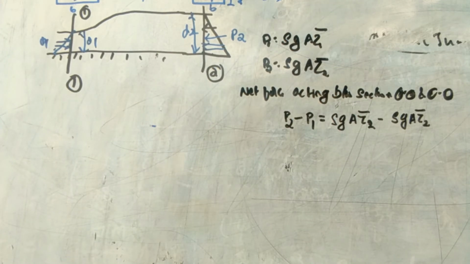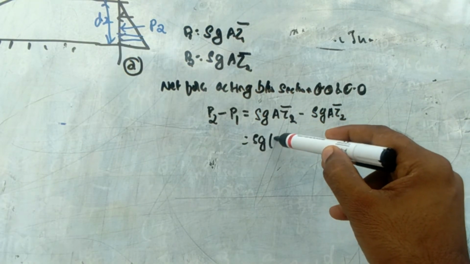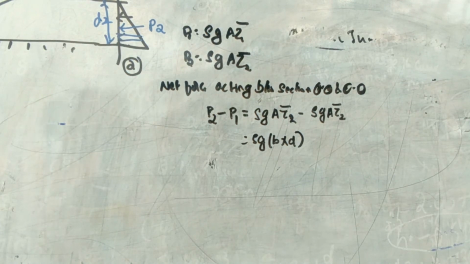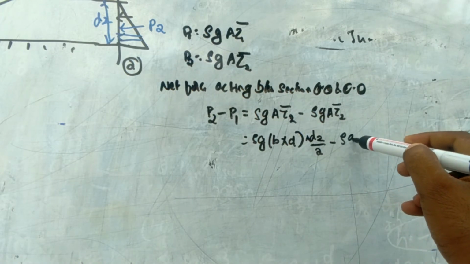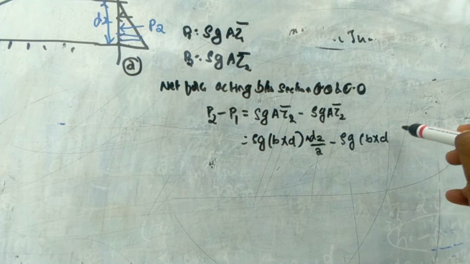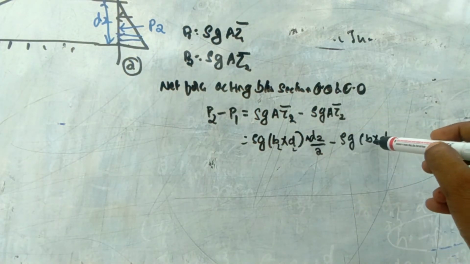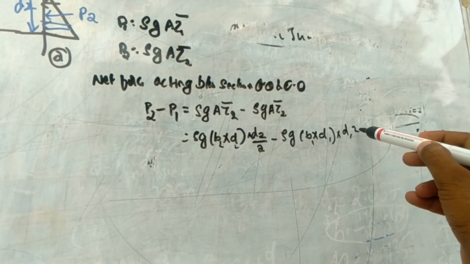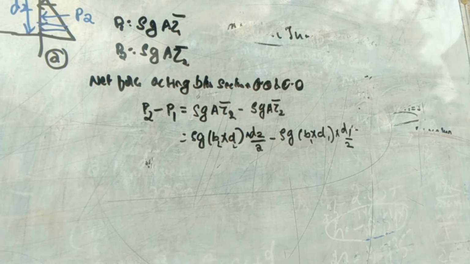So this area we can write as rho g B into D. We know that we are considering a rectangular section here, and z2 is D2 by 2, minus rho g B1 into D1, this one B2 D2 and this one B1 D1, into D1 divided by 2, correct?